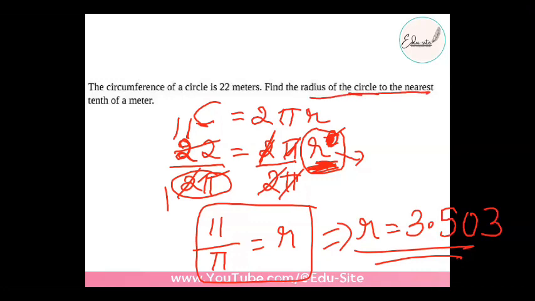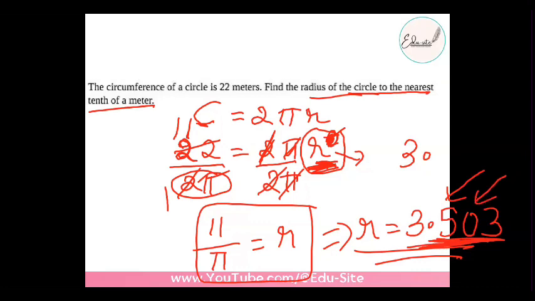Round this radius of the circle to the nearest tenth of a meter. Do you know how to round off? So it's 3.5.